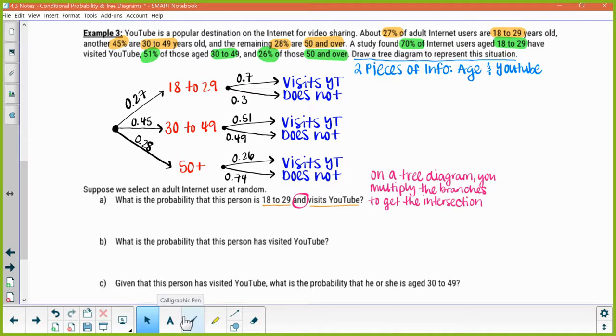So, on a tree diagram, when I'm trying to get a probability, you have to remember that typically if I'm doing an and statement, an intersection, we're going to multiply both branches because both things have to occur in order for us to end up with this collected individual.